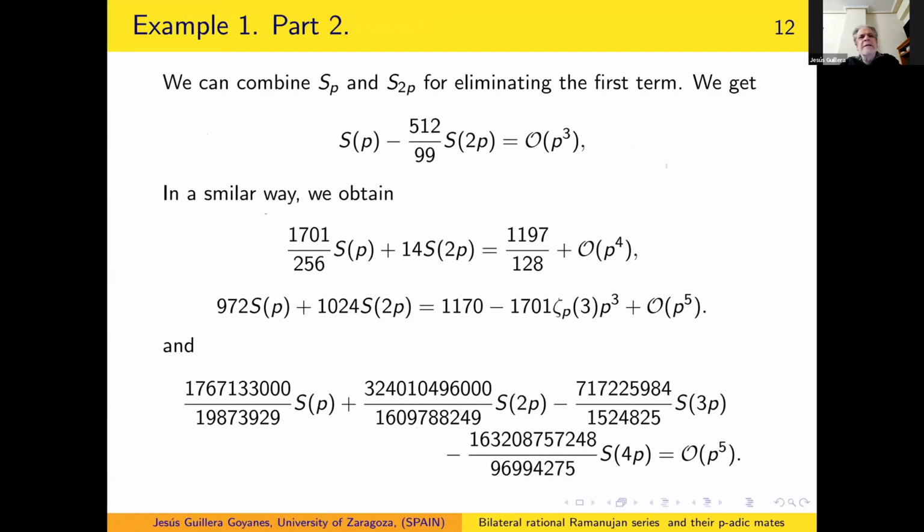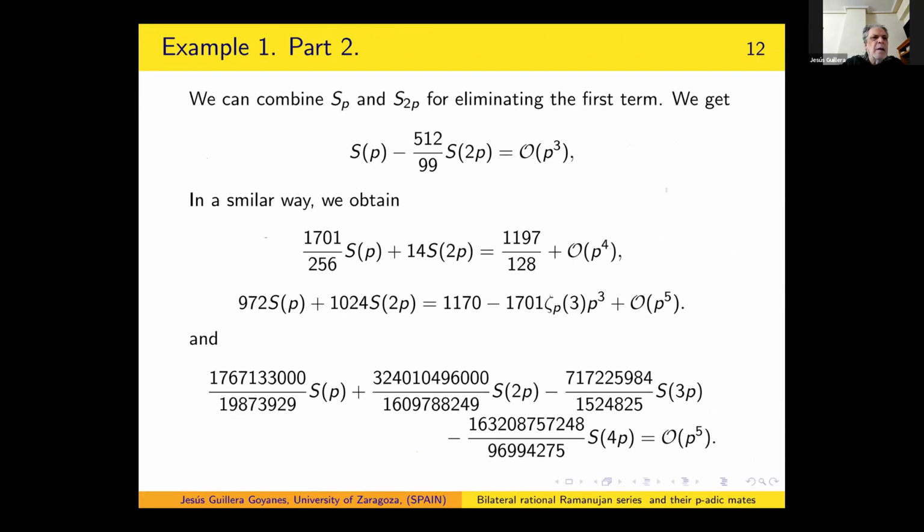And we have done this here. For example, combining S of p and S of 2p, we get this identity of orders cubic p.